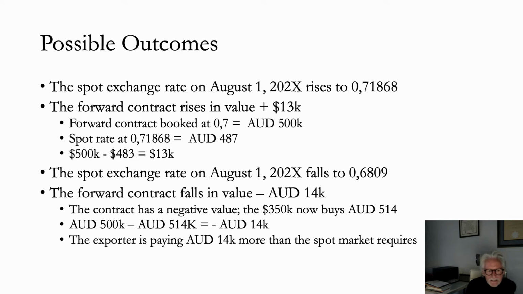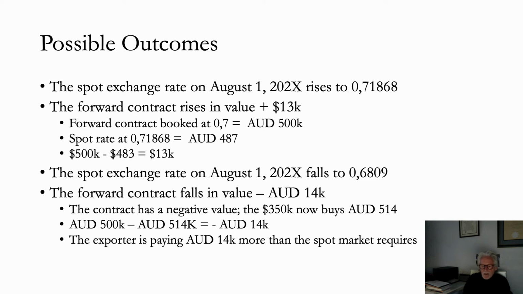So let's assume that the spot exchange rate on August 1, that is going to be the delivery of the wheat and payment of the US dollars, rises to 0.71868. Well, what does it mean? It means that our contract has become more valuable. Why? Because at that spot rate, a person who holds 350,000 US dollars can purchase 487,000 Australian dollars.